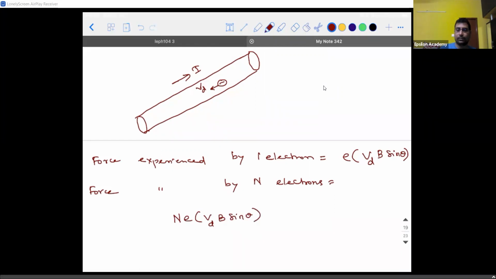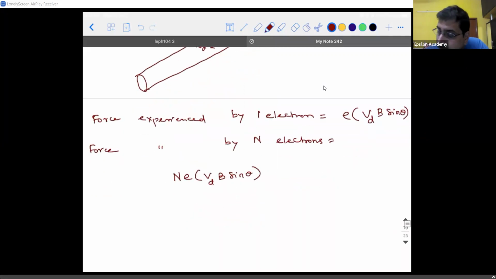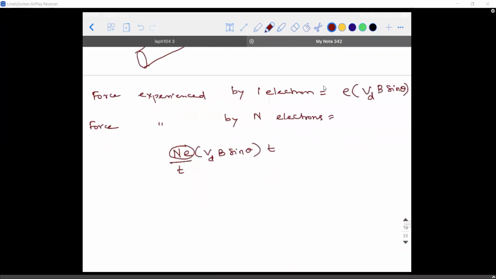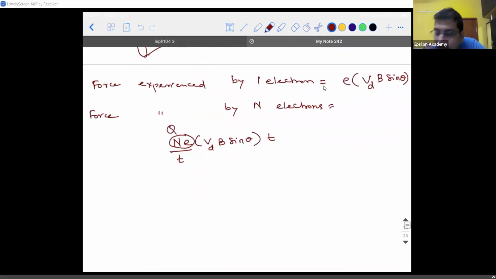Does it make sense? Now comes another question. If I divide with T and compensate it with T, what does this N into E stand for according to quantization of charge? Q. So it is Q divided by T, right?